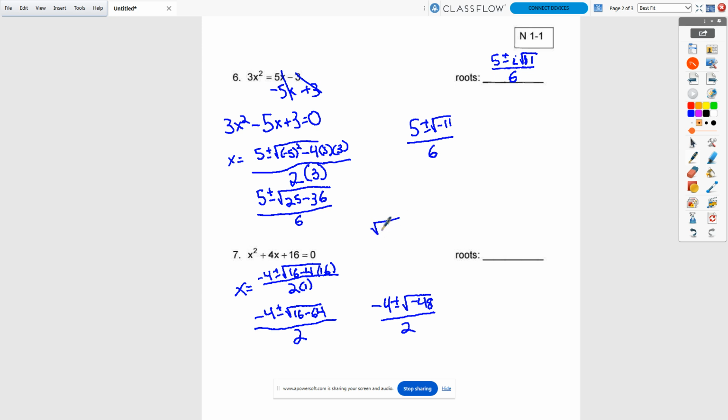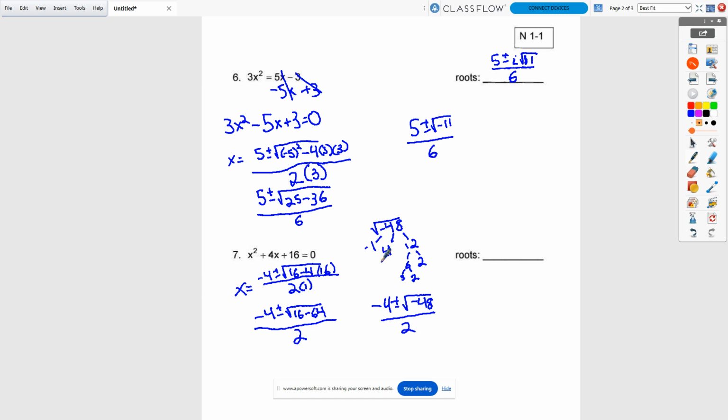And so I can factor some out probably of that negative 48. Let's say I've got a negative 1 that's going to come out. I'm going to do 4 times 12. So 4 times 12, and that 12 would split up into 6 times 2. 6 splits up into 3 times 2.